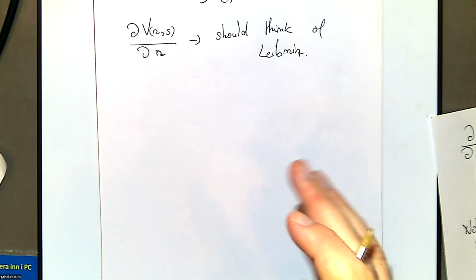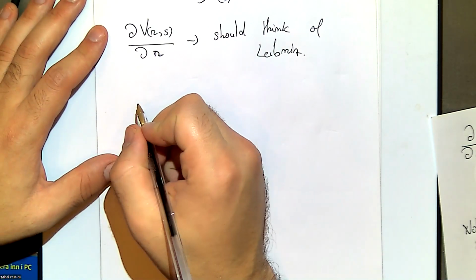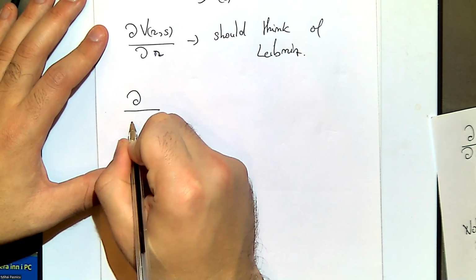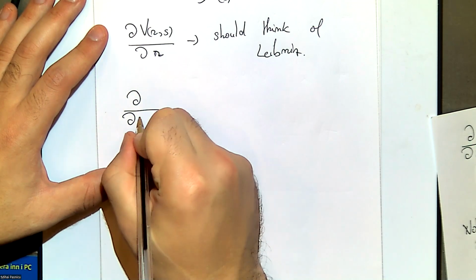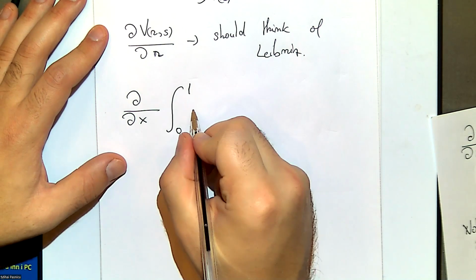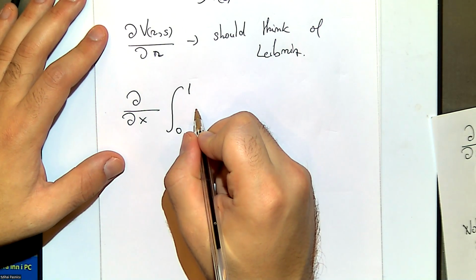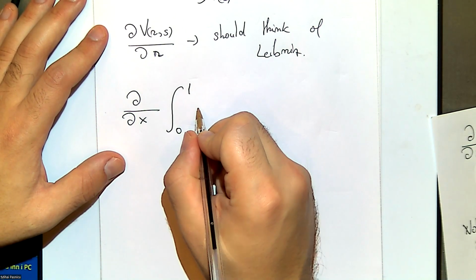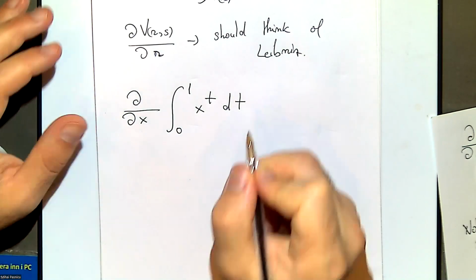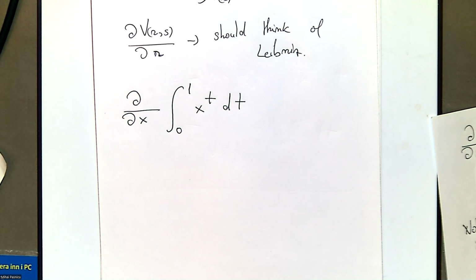I'm just going to say, let's just compute the derivative with respect to, let's keep the same notation, x, of the integral from 0 to 1 of x to the power of t, d of t. Okay. So let's assume I want to compute this.